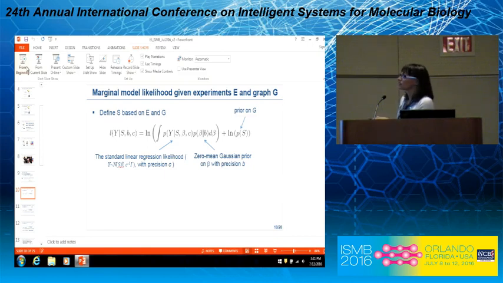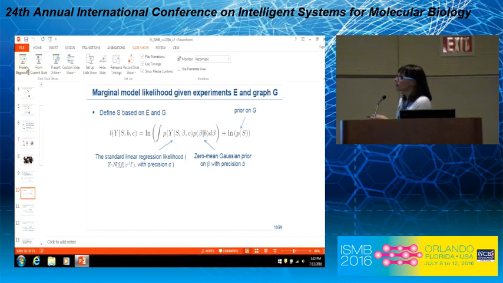Here is the standard likelihood that you have in the linear regression. We assume that y is Gaussian distributed with the mean S times beta, as I told you, and then we have a variance matrix, so we have c to the power -1 times identity. The c is the precision parameter, which is just inverse variance.